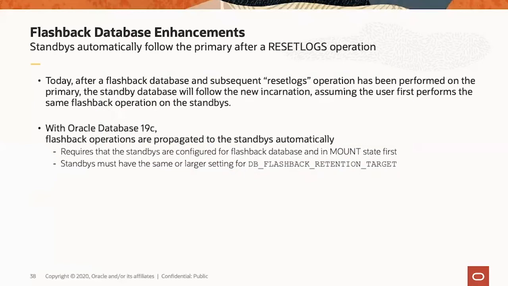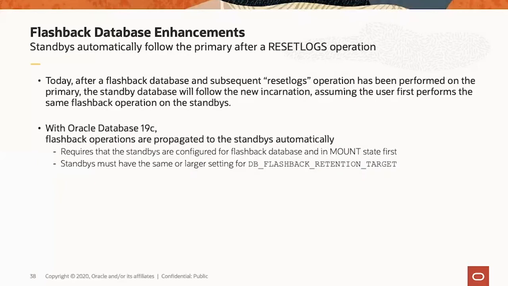But the standby database now notices that the primary database has a new incarnation. And the only thing that you need to do for this mechanism to happen is to specify the DB_FLASHBACK_RETENTION_TARGET and put it at a higher value, or at least the same value as the primary database. And what will happen when the standby notices it?